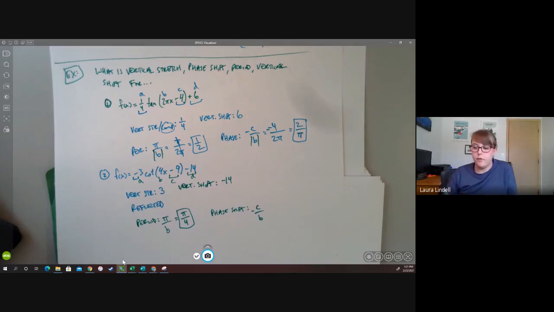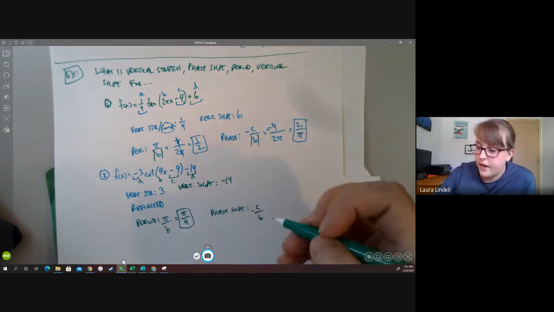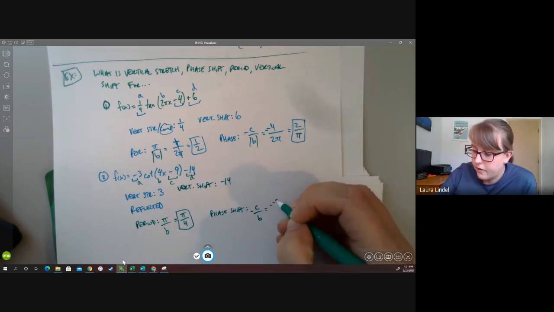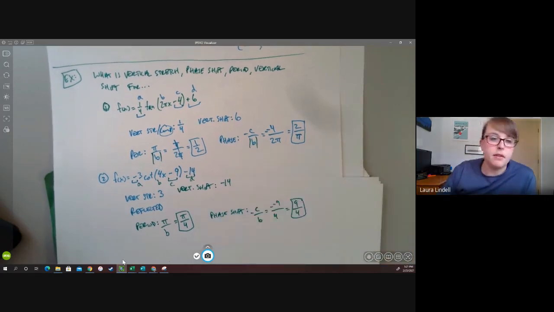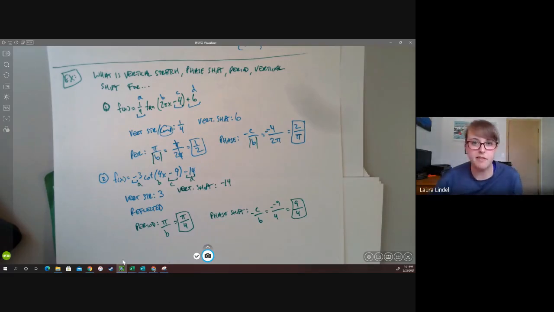Yeah, exactly, 9/4. Because c is negative 9, so it's negative negative 9. B is 4. So that just becomes positive 9/4. And I would just leave it as positive 9/4 as well. If you really, really want to, you can put it as 2.25 since that's still an exact value since it's a terminating decimal. But why do the extra work? Just leave it as 9/4.